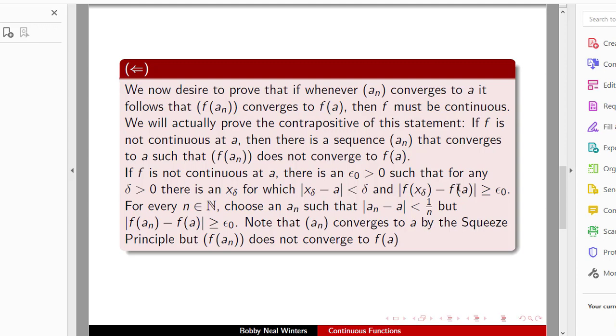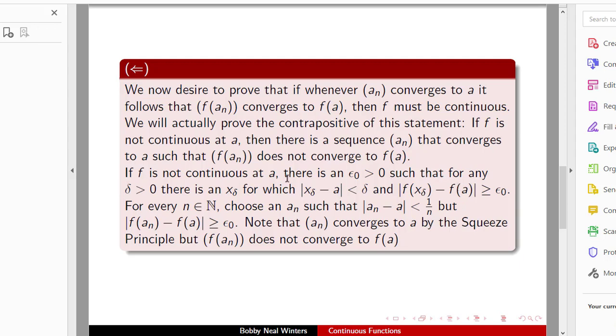We will actually prove the contrapositive of this statement, which is if f is not continuous at a, then there is a sequence a(n) that converges to a such that the sequence f of a(n) does not converge to f of a.